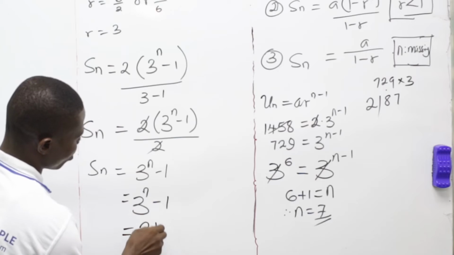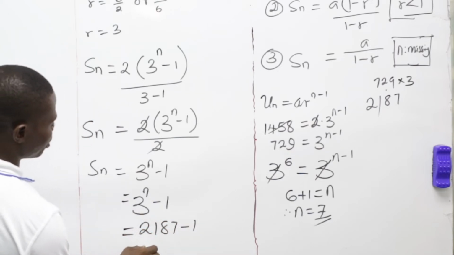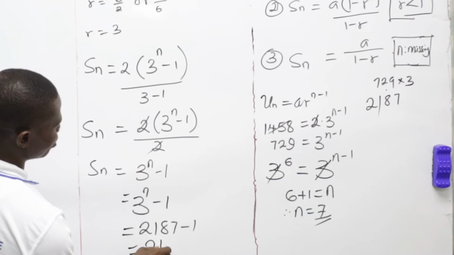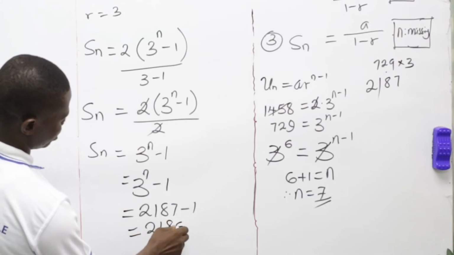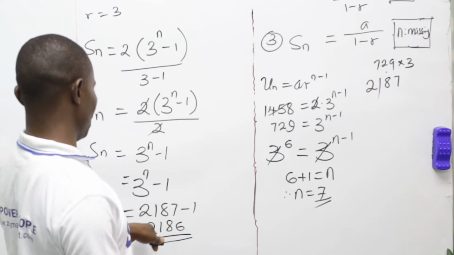This will give us 2187 minus 1. Our answer is what? 2186.